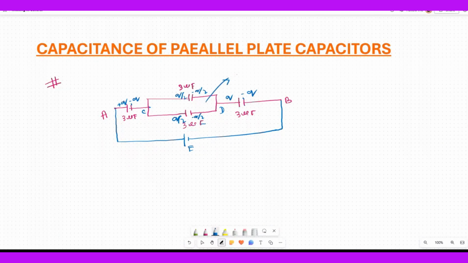In parallel combination, their equivalent capacitance is going to be 3 plus 3, that is 6 mu f. Now the circuit is reduced to this form.